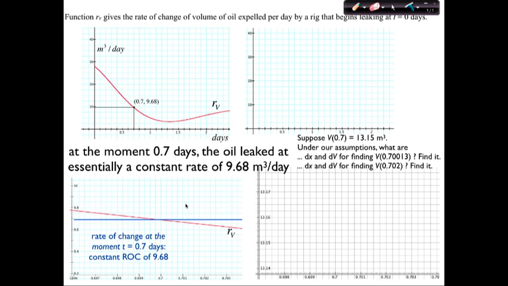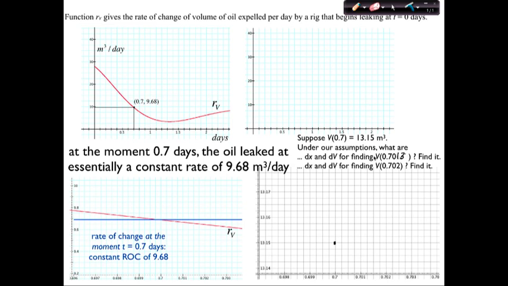Upside down, that would be very difficult. Okay. First of all, I had to correct this. This is supposed to be 0.7013, right? And so what do we do? We know that at 0.7, suppose the amount of accumulated oil is 13.15 meters cubed.